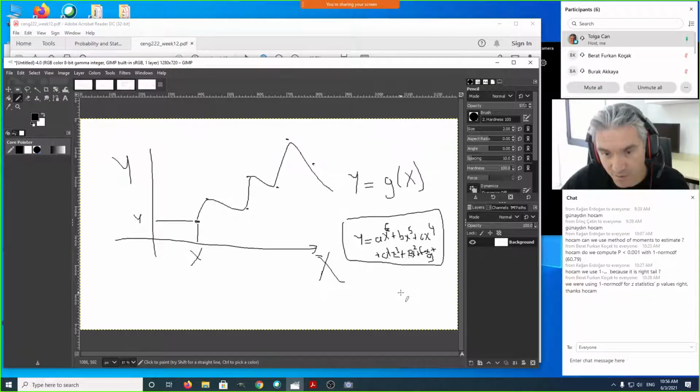So if this is your function, if you find these a, b, c, d, g, all these 7 constants, you will have a function something like this. Maybe y equals minus 0.2 x to the power 6 plus 0.3 x to the power 5.